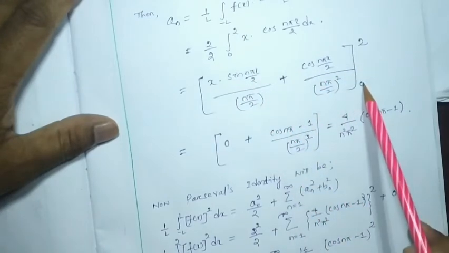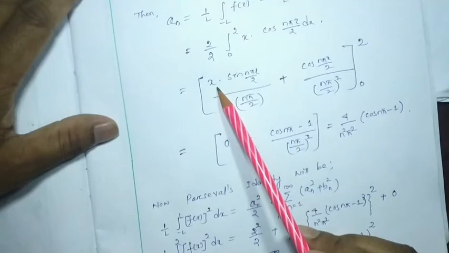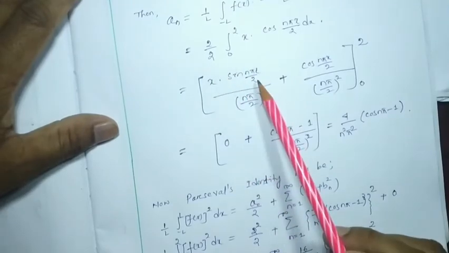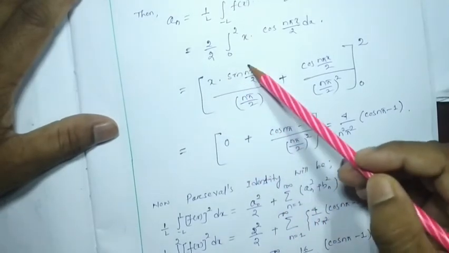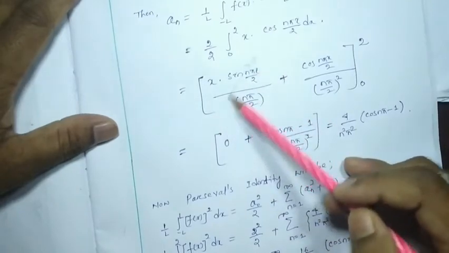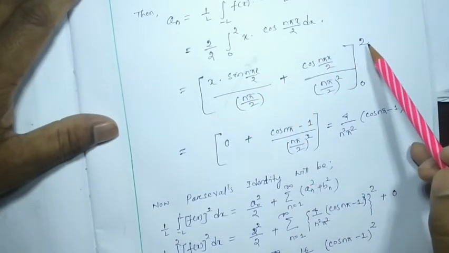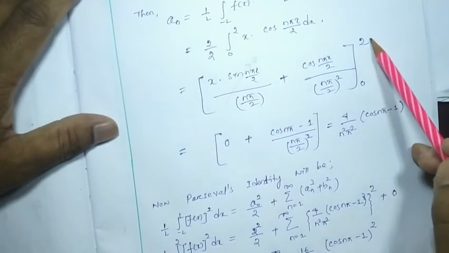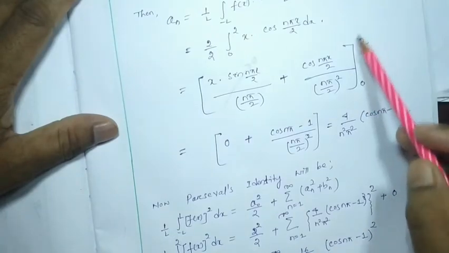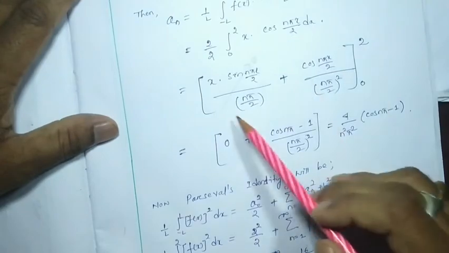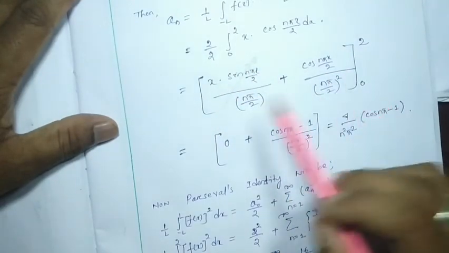If we have to put 0 over here, then it will be 0. That means this whole term will be 0 by considering the limit 0. For the upper limit 2, this term will be 0, and considering 0, this term also will be 0.